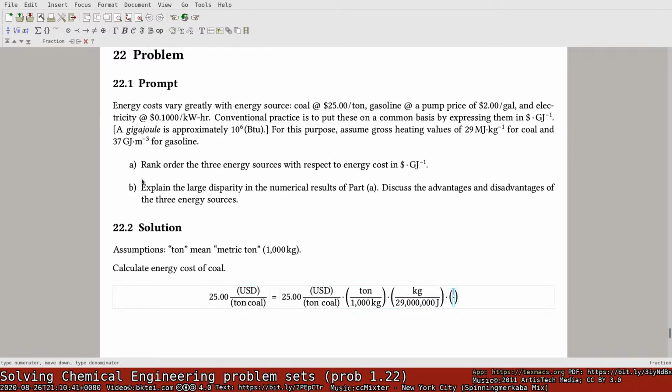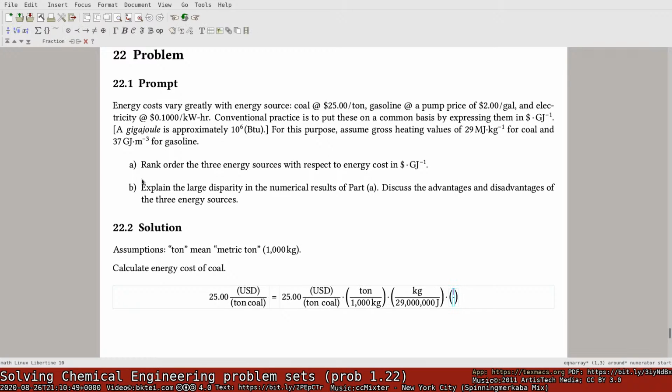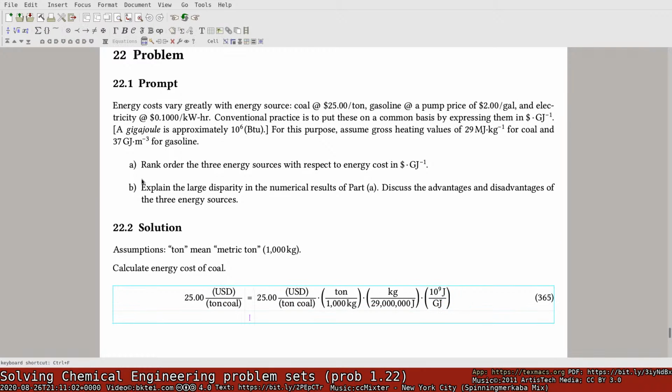Then we'll put in the factor here. For every 10 to the 9 joules, you get a gigajoule. So that should come up to be units of US dollars per gigajoule.